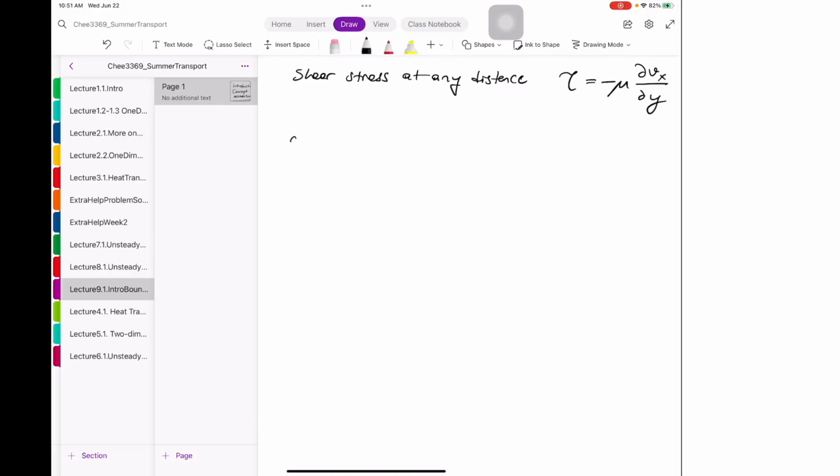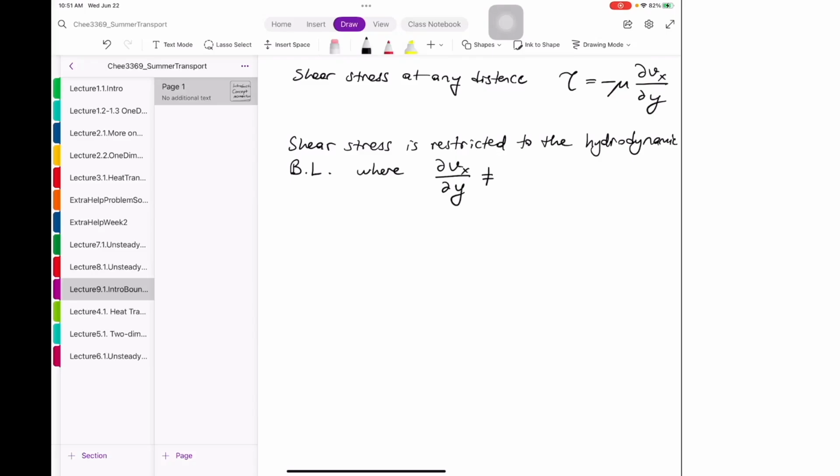And shear stress is restricted to the hydrodynamic boundary layer where del Vx over del Y is non-zero.